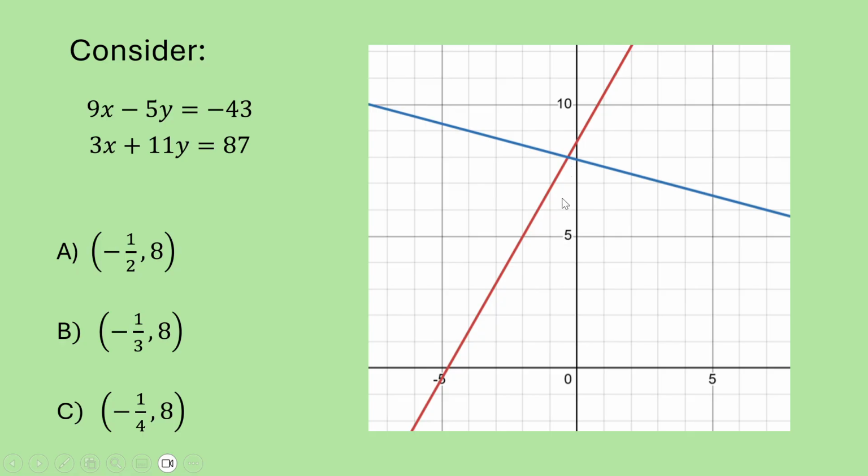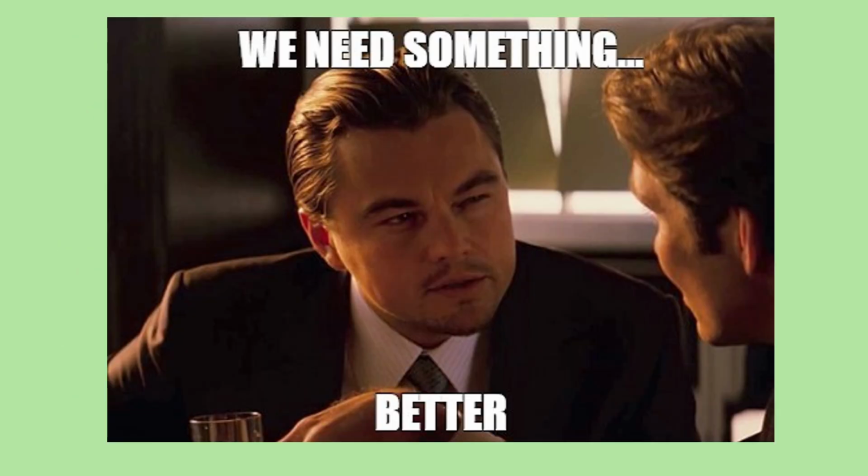Negative 1/2, 8, negative 1/3, 8, negative 1/4, 8. And so we see here that the graphing method kind of fails to give us a precise solution. So we need a better method. We need something that will give us more precision, especially if our graphs are going to be a little sloppy.